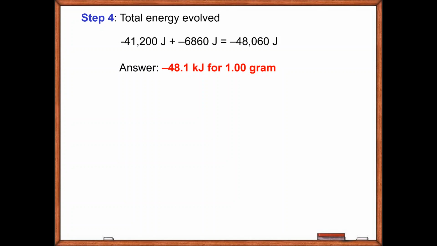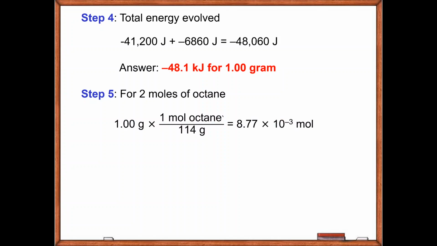So this is just for 1 gram. But for 2 moles, we have to convert octane from grams to moles. Find out how many moles we have. We can set this ratio up: this many moles over how many joules were evolved is equal to 2 moles over X. The reason we can do this is because this is for 1 gram.